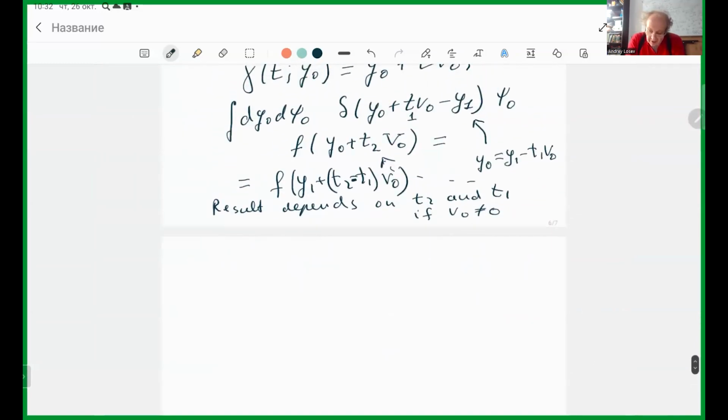Now I want to study so-called P observables. So how do I do it?